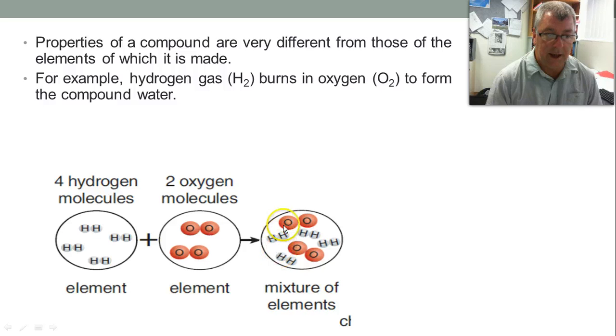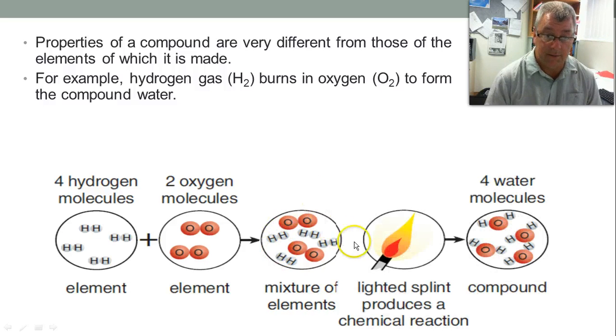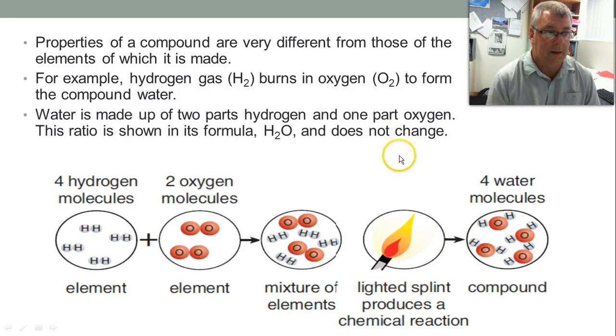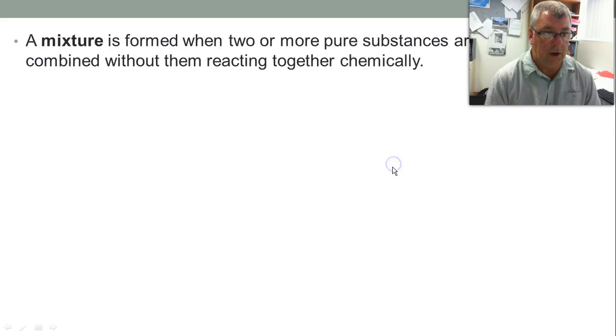They'll happily sit like that. But if we add a spark, we get a quite energetic explosion, and these molecules all split apart and reform into water molecules. That's a chemical compound, and this is the chemical process that's happening. So that tells us the formula for water, H2O.